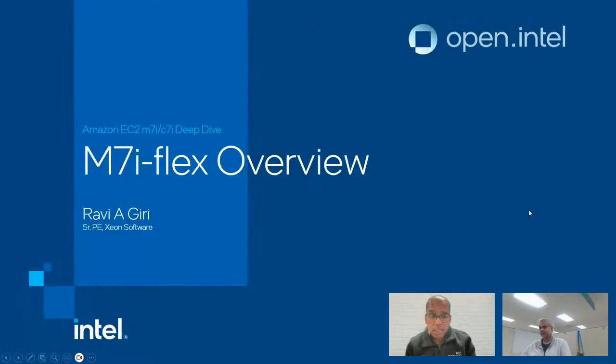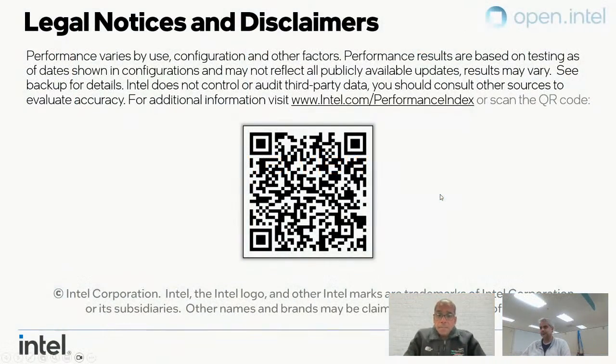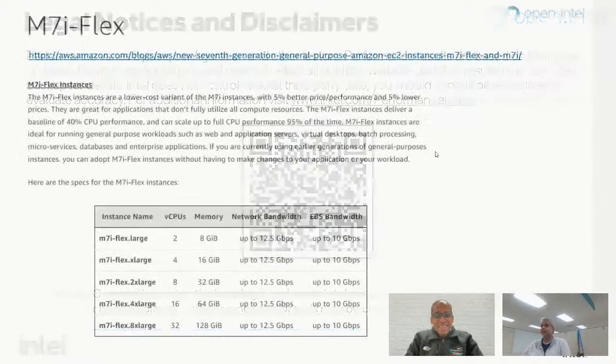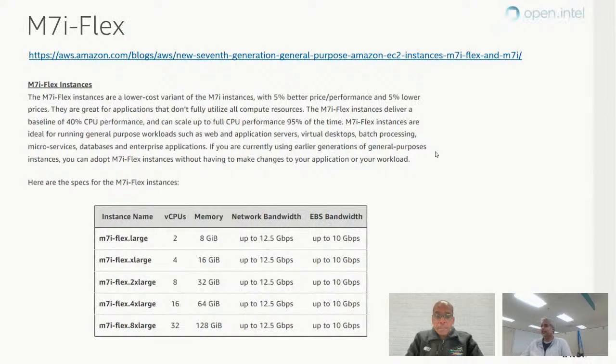That's right. Okay, so let's talk about the Flex instance and see what this is about. Okay. So the most important slide, and I'll skip past it quickly. Putting the link over there for anyone that's interested. You can always search for it. These are advertised as the lower cost variant of M7i instances.